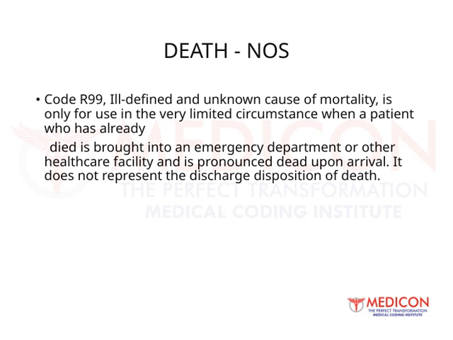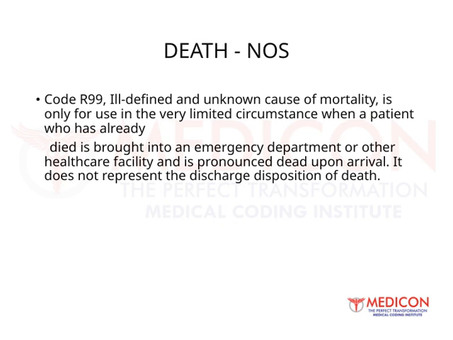It's important to note that R99 does not indicate the discharge disposition of death. Instead, it reflects the circumstance of the patient being found or arriving deceased, but it doesn't specify the cause of death. This highlights the importance of accurate coding and understanding the context around the death.